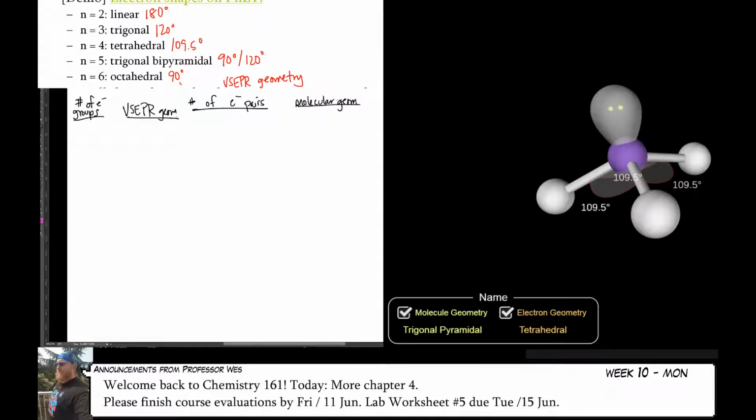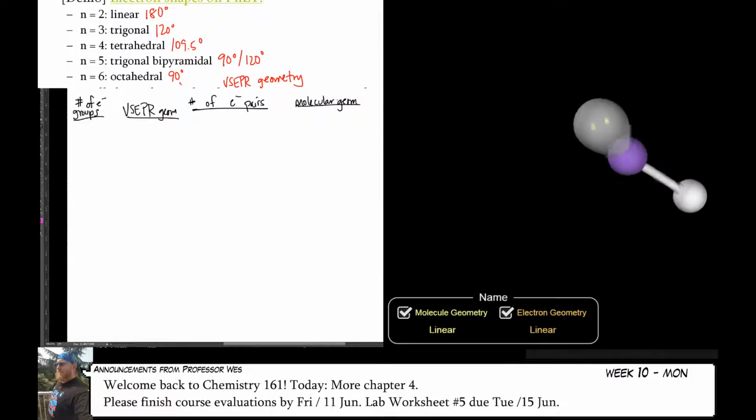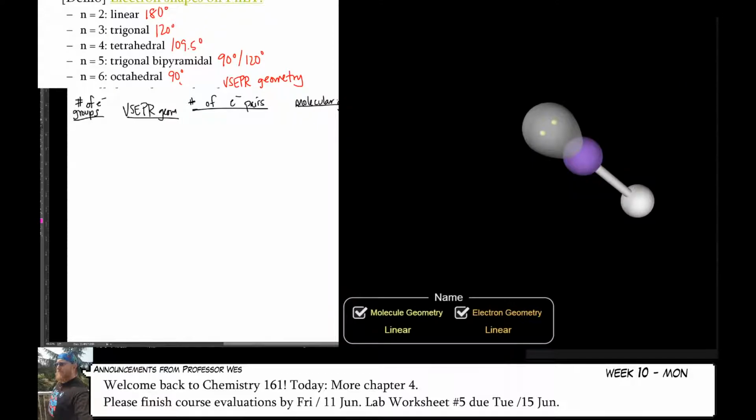I do want to indicate what the VSEPR geometry is. I should be able to play around on this screen, and now everything will look the same to you. I need to move this over a little bit.